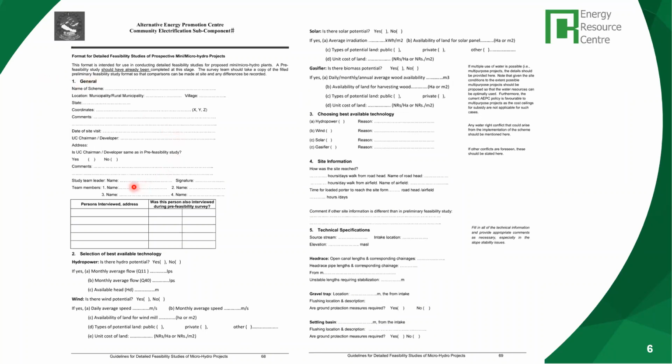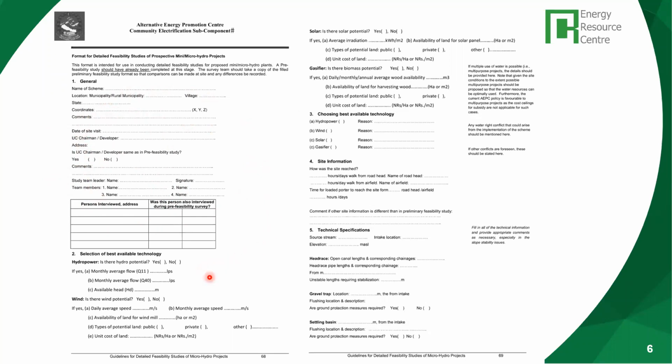So this first section, general information, gives you the location of the site and who were the members of the team that prepared this feasibility study. Is there a user committee already in place? Who were the persons that were interviewed, and other information is provided in the general information.